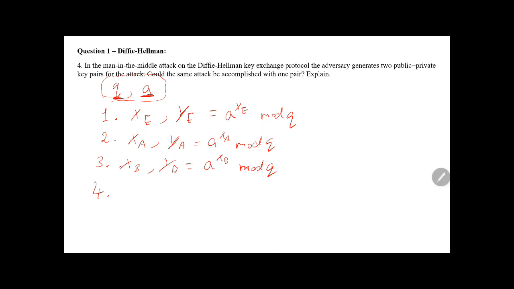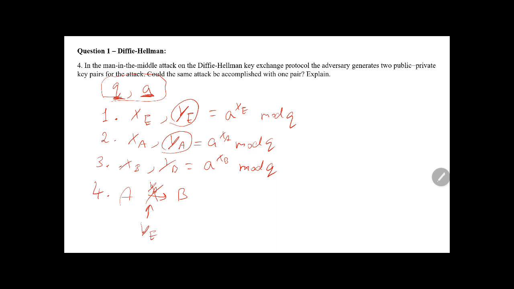But in fact, at this step, Eve will intercept and send her YE. So basically here, instead of A sending YA to B, Eve will intercept and send YE.